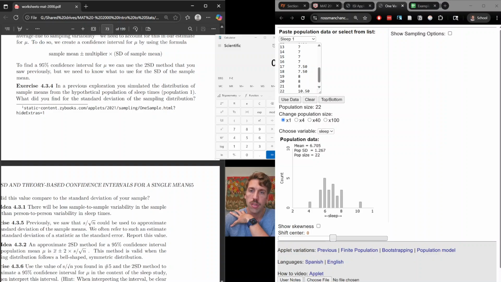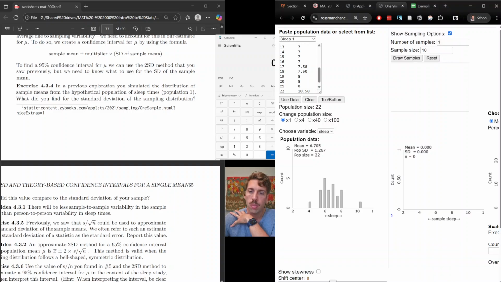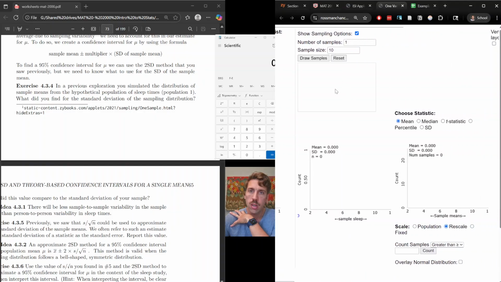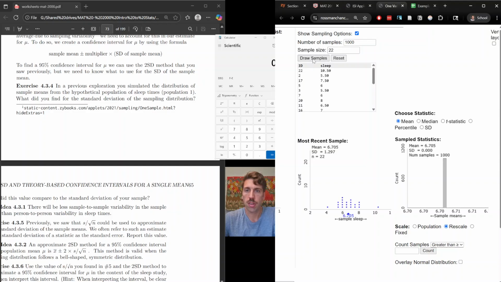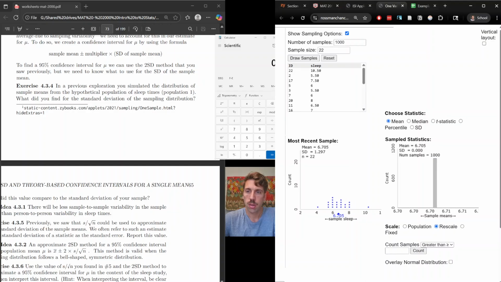So let's go to sampling options, move over here. My sample size is 22. Yours might be different. Number of samples, let's do like 1,000. Draw samples, and something not quite right there.